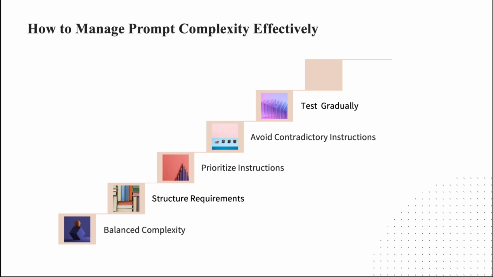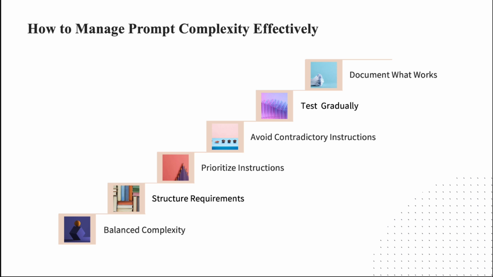Test gradually. We can test prompt complexity gradually. We need to start with a simpler version of our prompt and add details step by step. This helps us identify which element improves results and which creates confusion. Document what works.